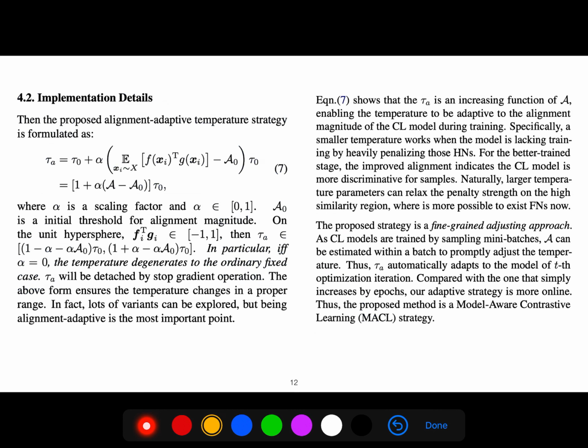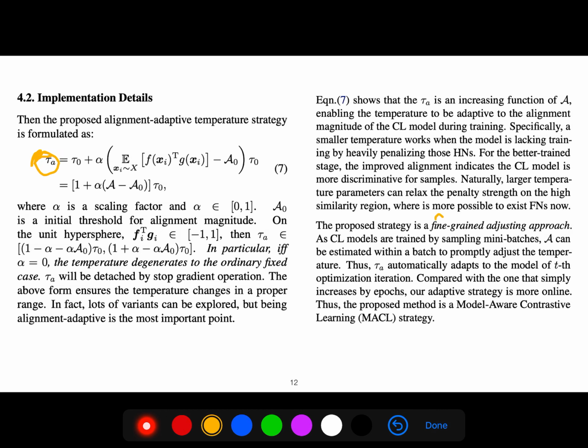Then the proposed alignment adaptive temperature strategy is like this. So it's adaptive. If alpha is equal to 0, the temperature degenerates to the ordinary fixed case.